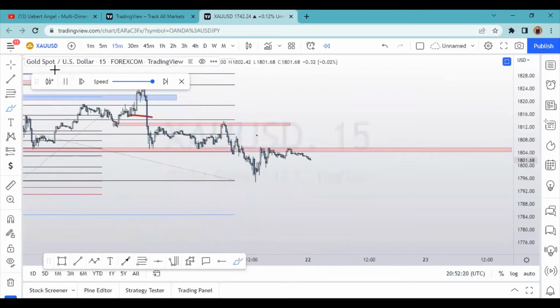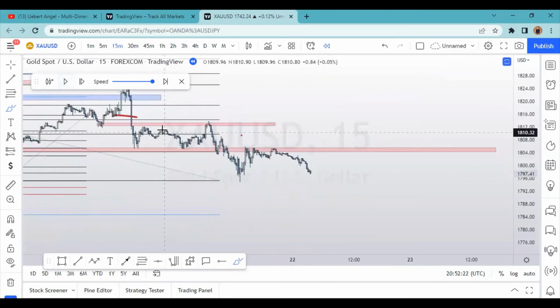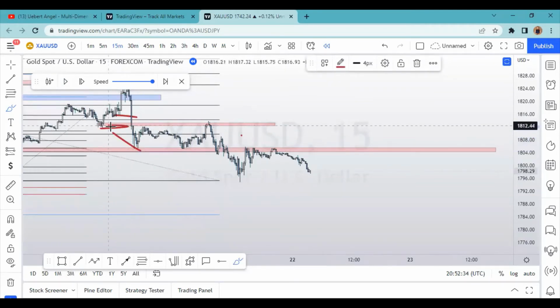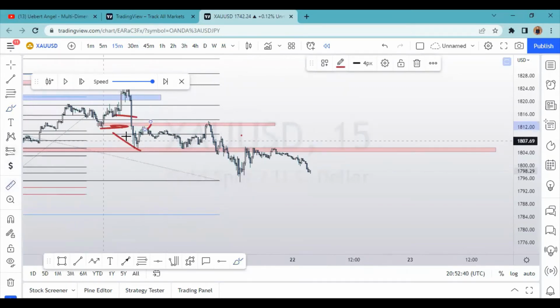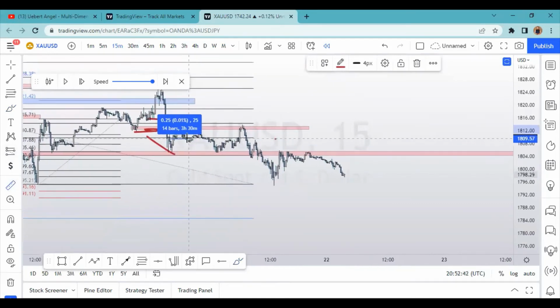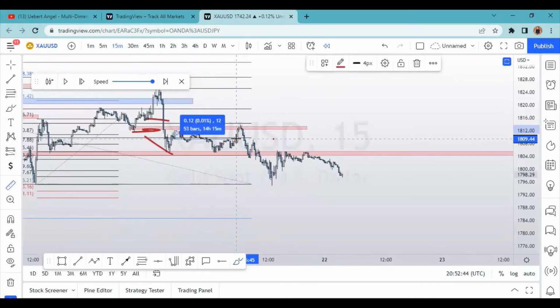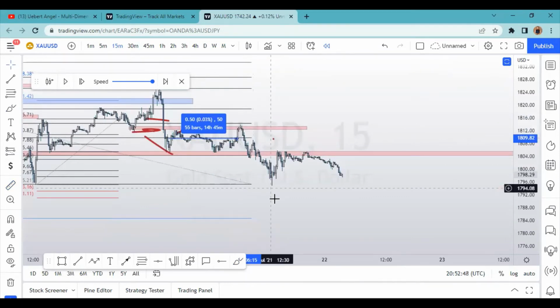So as you can see, even if somebody had entered early in this place, you'd have been in drawdown and frustrated because price came back here to test. But if you know how it reacts, it didn't really test this support very well. A few hours later, like 14 hours later or so, it came back to test it.